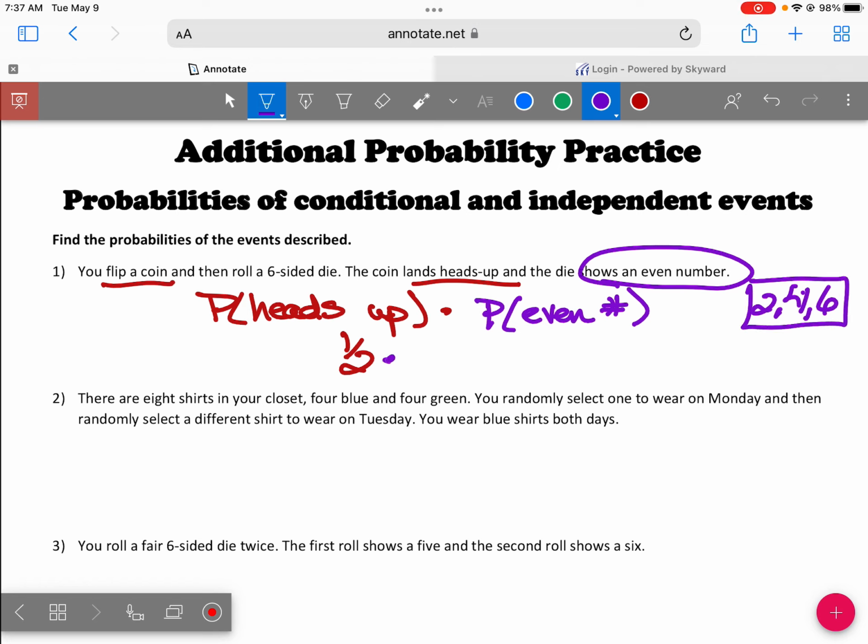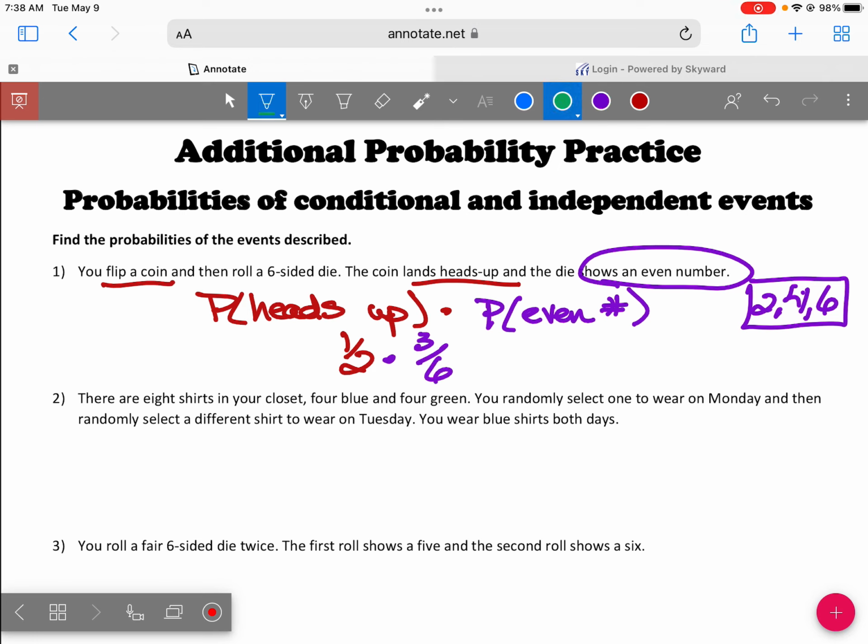So what is my probability of rolling an even number? 3 out of 6. So you have 3 successes out of the 6 total, right?